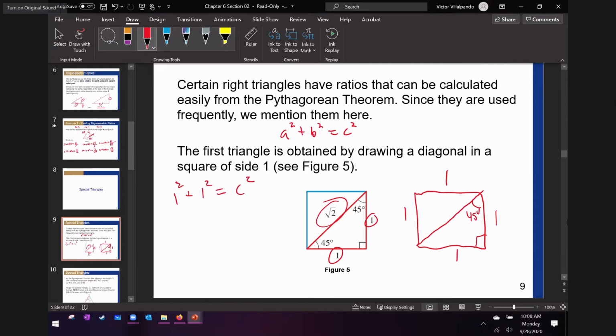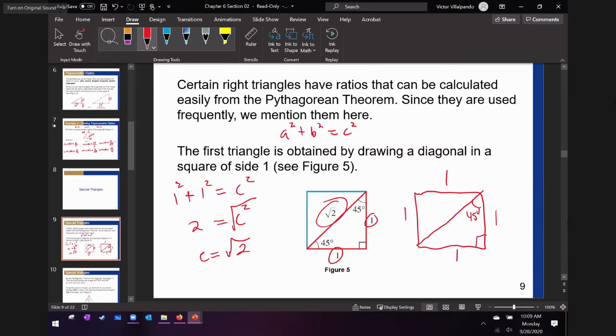That obviously becomes 2, because 1 squared is just 1, plus another 1. Then to get rid of that square, we take the square root, such that the hypotenuse c is equal to square root of 2. So that's where that square root of 2 comes from. That's the first triangle we get by drawing a diagonal of a square of side 1.